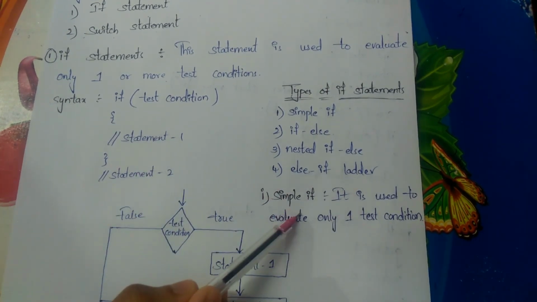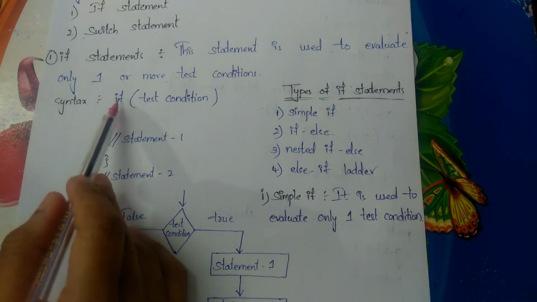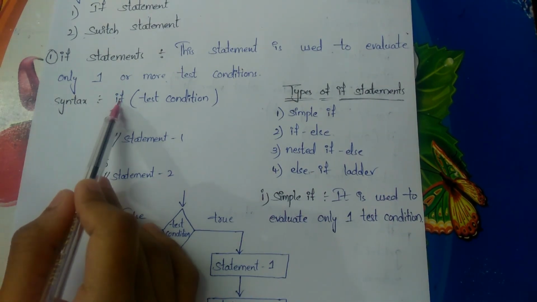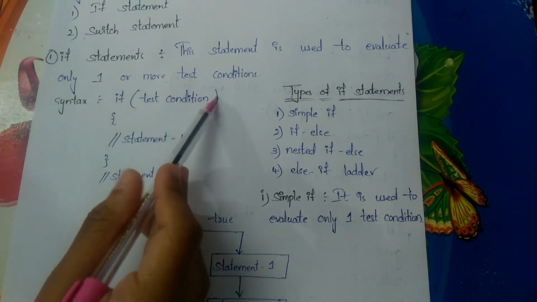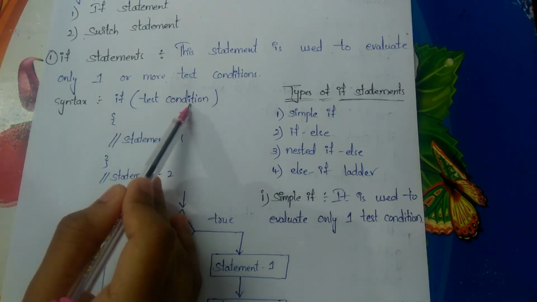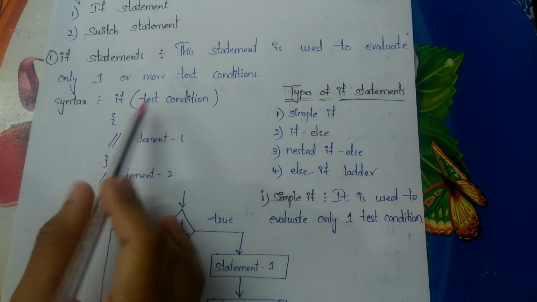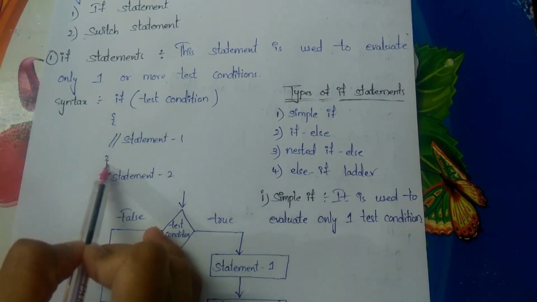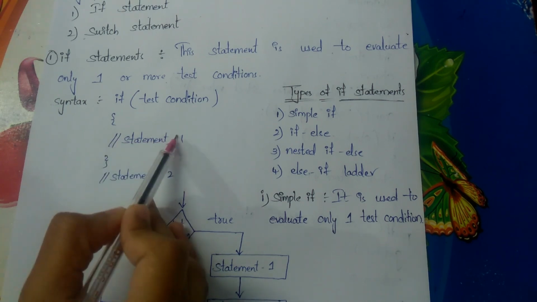The syntax for the simple if is: if is a keyword in C, so we use the if keyword, and within the braces we write the test condition. After this we open the block, and within this block we write some statements.